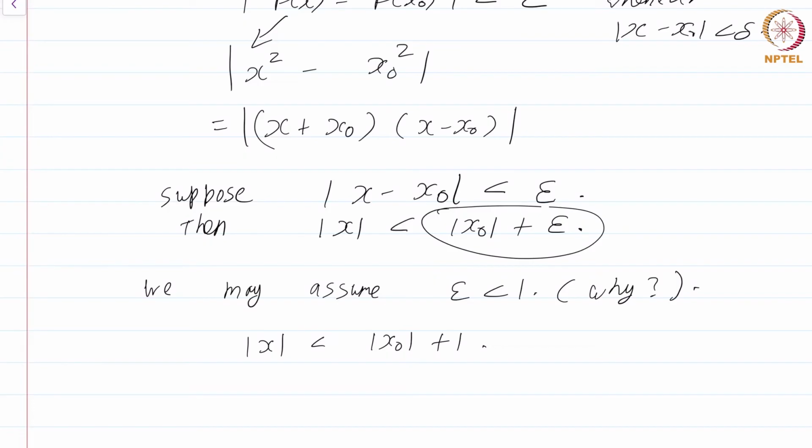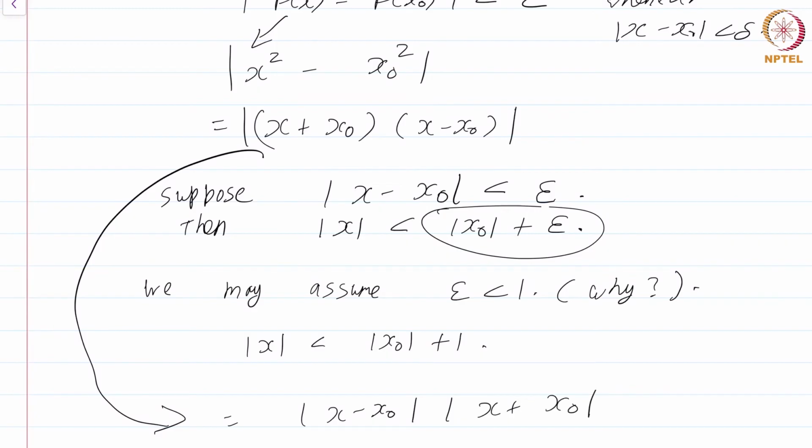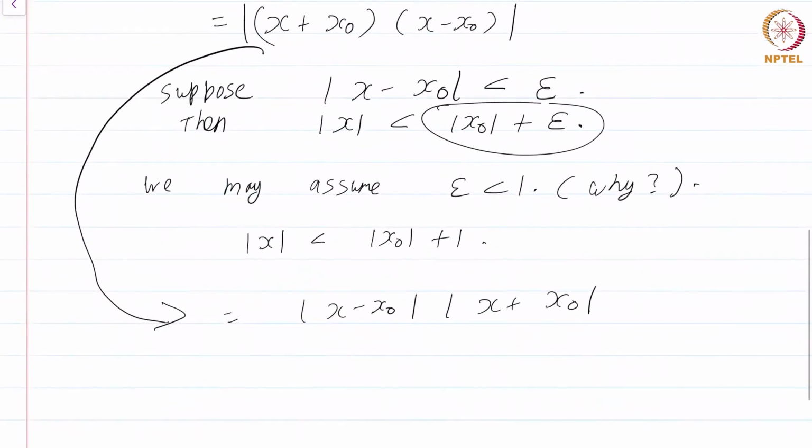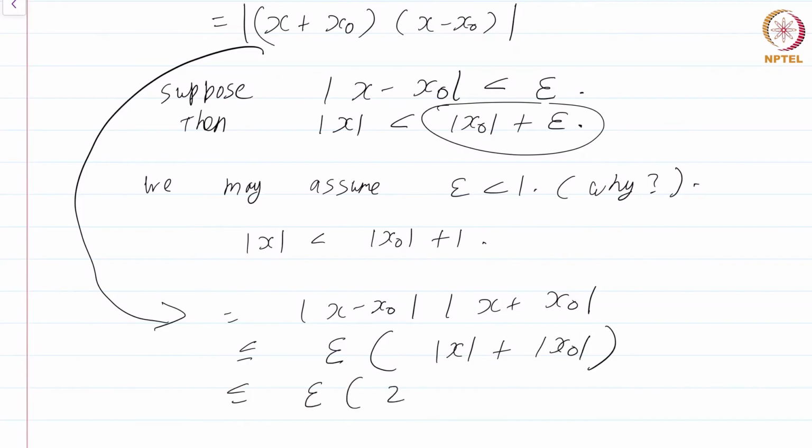Now coming back to this expression, it is nothing but mod x minus x naught into modulus of x plus x naught, which is less than or equal to epsilon times mod x plus mod x naught by the triangle inequality, which is again less than or equal to epsilon times 2 mod x naught plus 1.